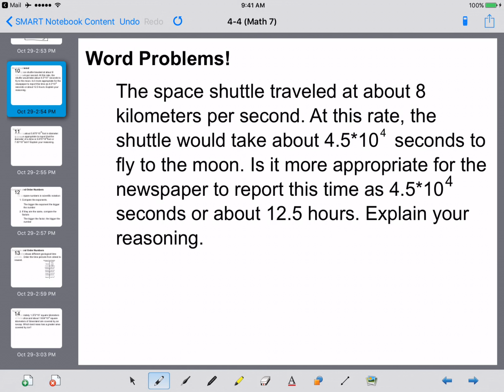But I do know what 12.5 hours is. So 12.5 hours is the more appropriate way to represent this because it's a number that you can actually visualize, whereas 4.5 times 10 to the 4th seconds is such a huge amount of seconds that I can't even imagine how long that would take.